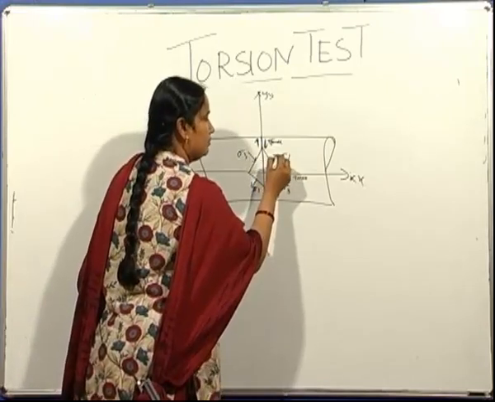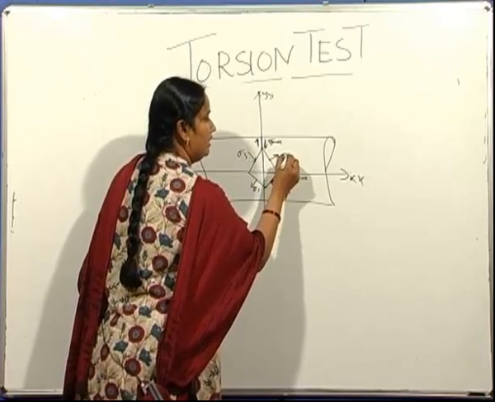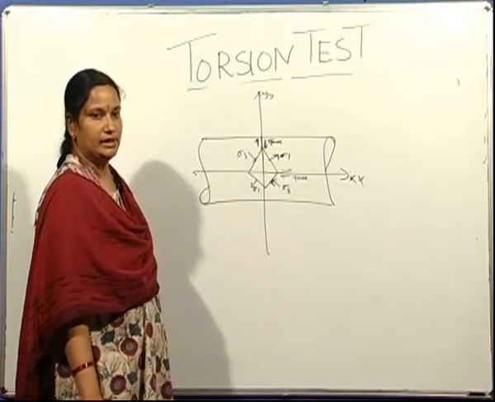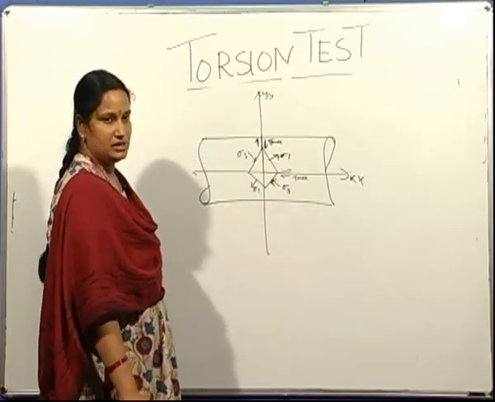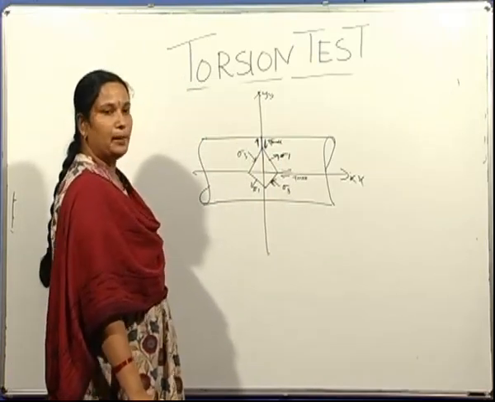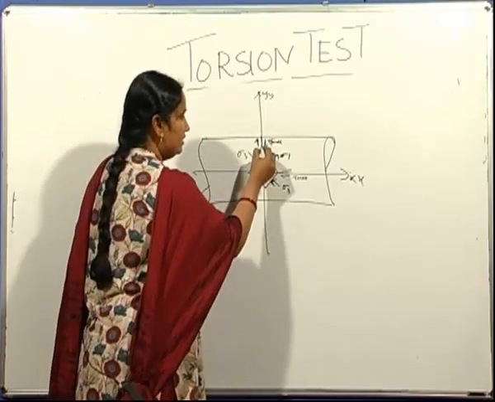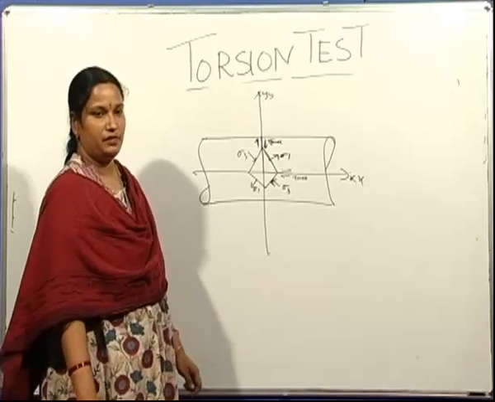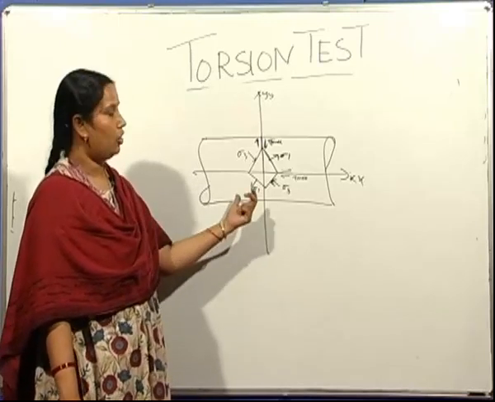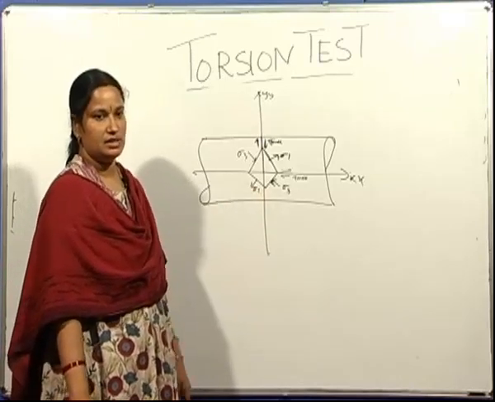Sigma 1 is the tensile principal stress, which acts perpendicular to a plane which makes an angle of 45 degrees to the longitudinal and transverse axis.